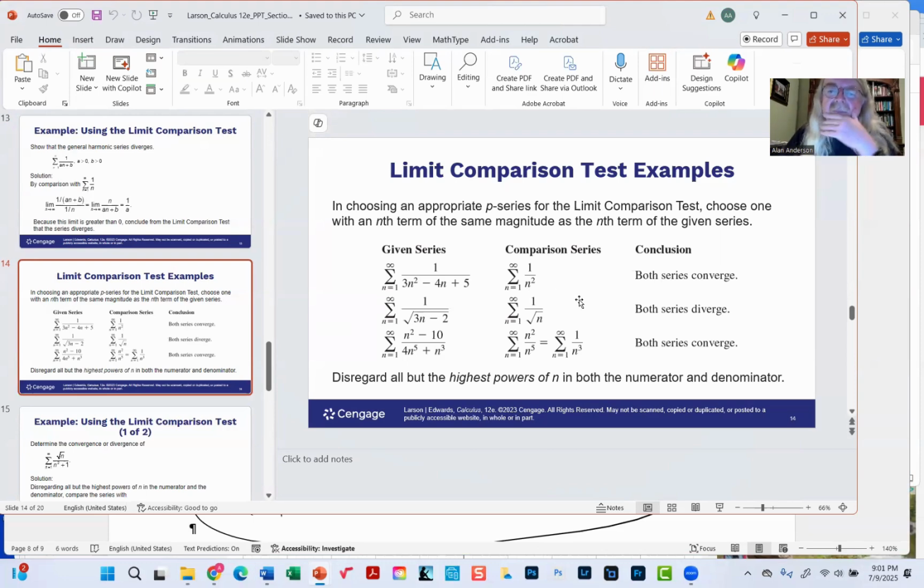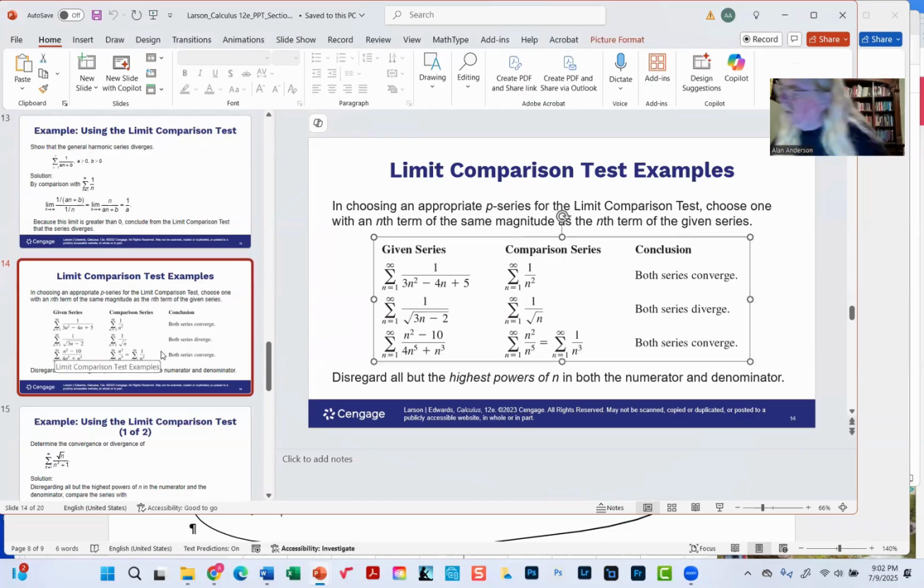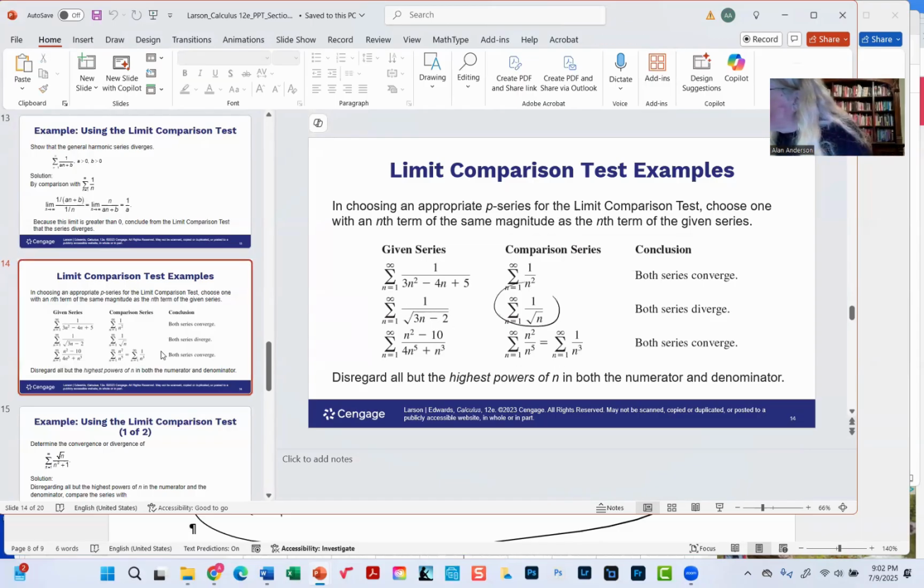And we'll end up being able to conclude that these three messy ones on the left, the first one converges because the one on the right converges. The one on the left down here, number two, they both diverge. This one diverges, so does this one. And then, of course, we know that this one converges because it's a P series with a power of three. And that means this one also must converge.